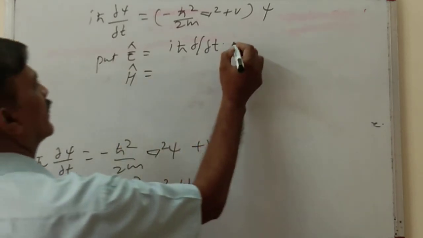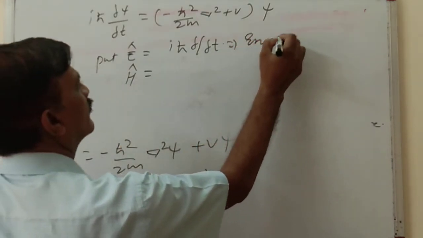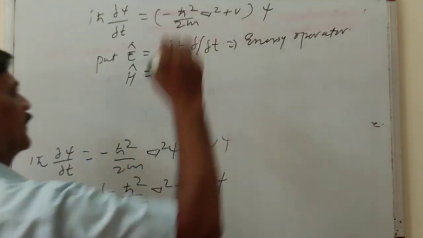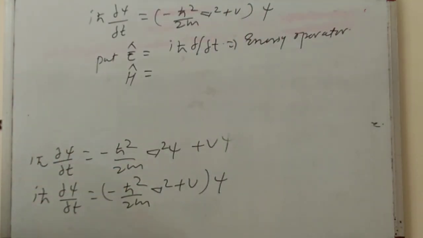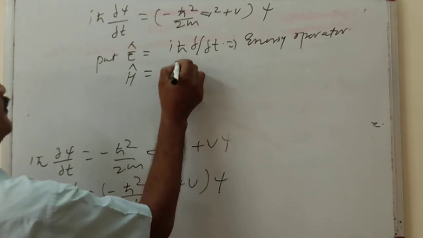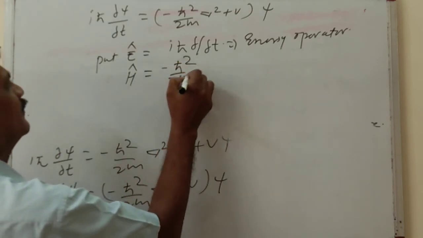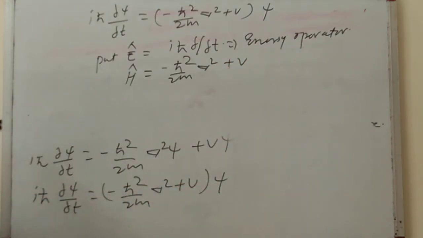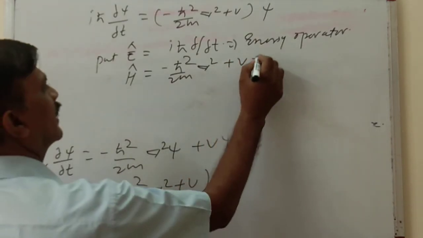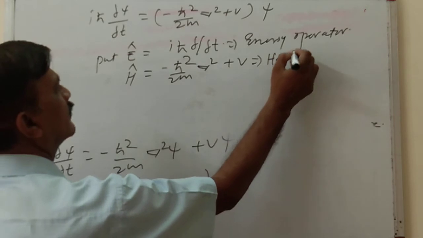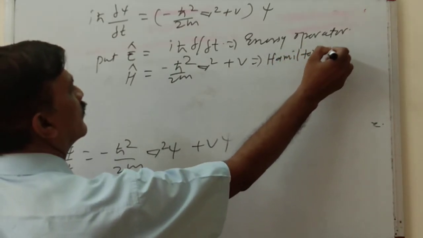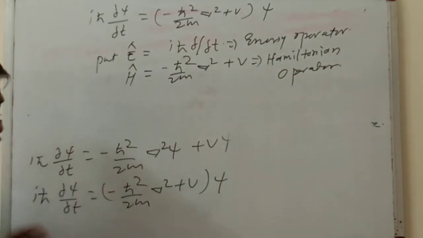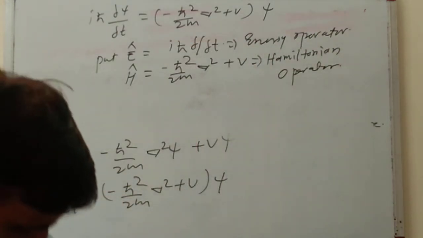This is called the energy operator. And this H is nothing but minus ħ² over 2m ∇² plus V. This is called the Hamiltonian operator.